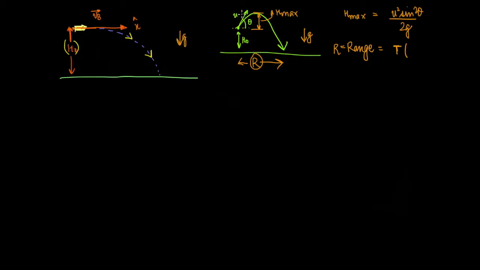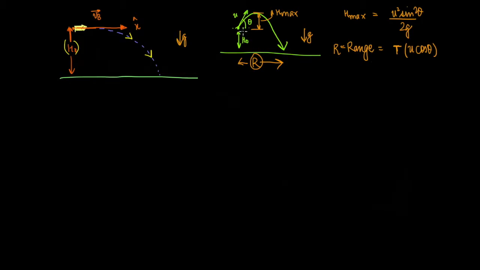In that case, the horizontal velocity would be u cosine theta. And why horizontal? Well, because in the entire time in which the ball has fallen down, which happens in any projectile, the distance it covers horizontally will be due to its horizontal velocity, and solely due to that.